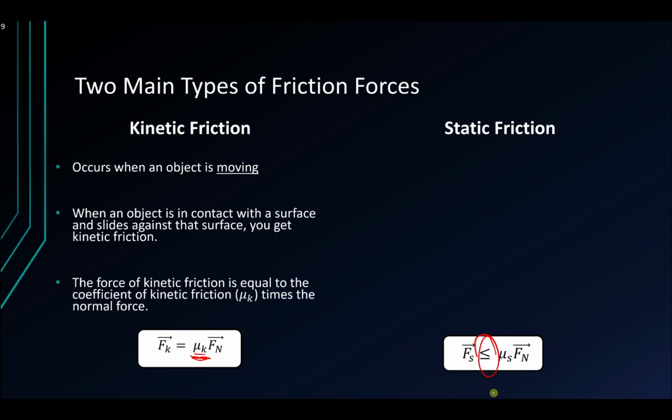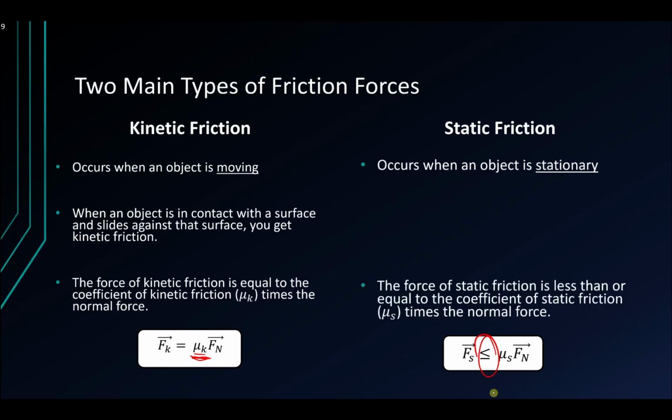So what does that mean? That means that our force of static friction is going to be increasing up until it is equal to the coefficient of static friction times the normal force, then our object is going to start moving. So static friction occurs when an object is stationary, and the static friction is less than or equal to the coefficient of static friction times the normal force.